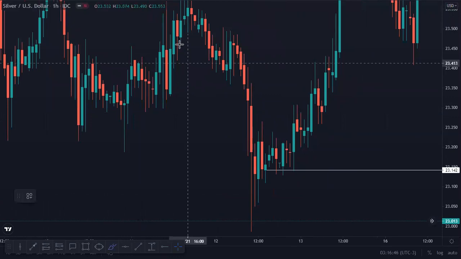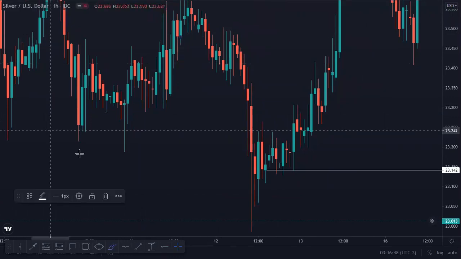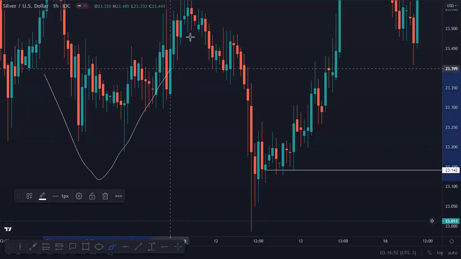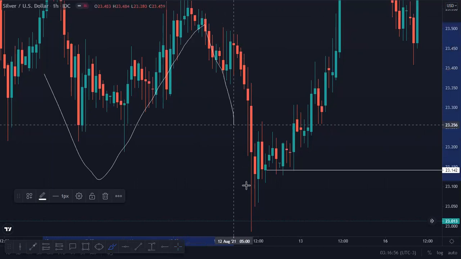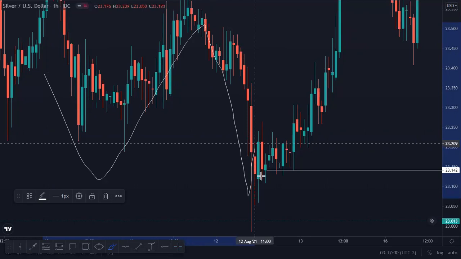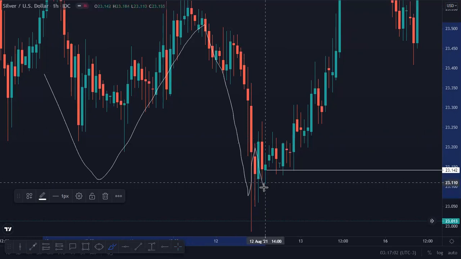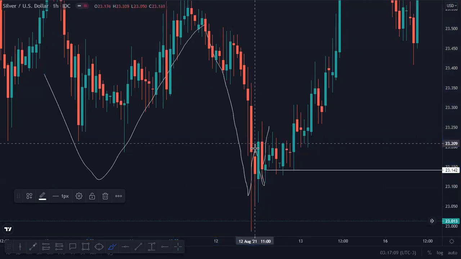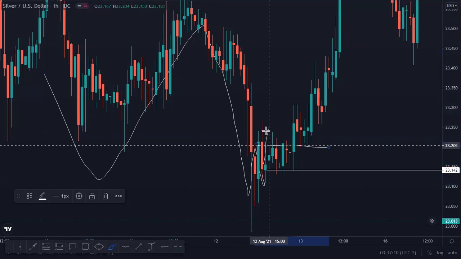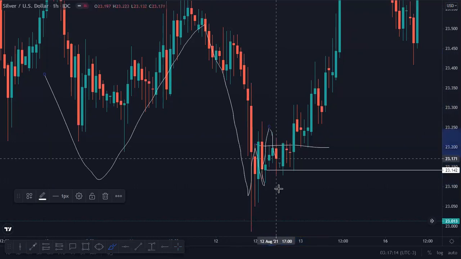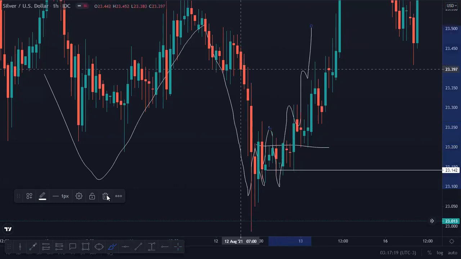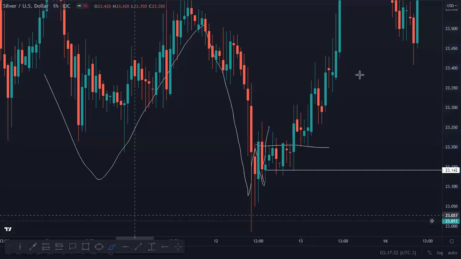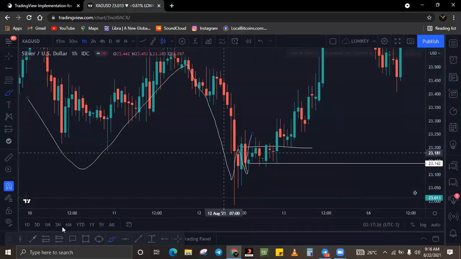Let's say price moved like this, then price dropped. After dropping, price created this structure like this, an invalidation X. Then price broke our structure of invalidation X, came to retest our invalidation X, then price continued moving in its new direction.